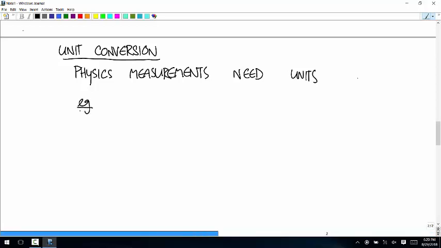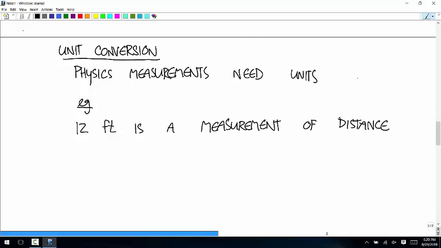So, for example, 12 feet is a measurement of distance. And all of the measurements that we're going to use in this class are going to be made up of 3 fundamental types of measurement.